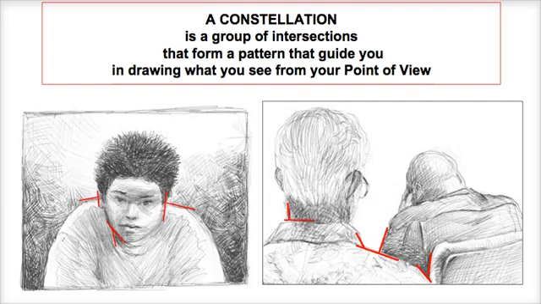No matter what you're looking at, you look for the intersecting places, and then just like the constellation of stars, you see their proportionate relationship, and this is what we're looking for.